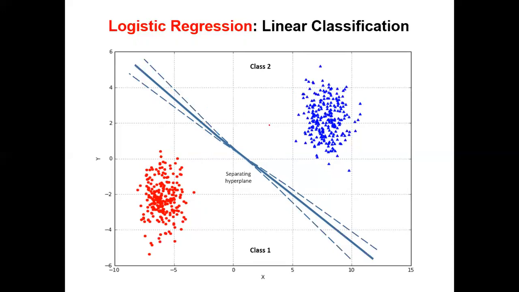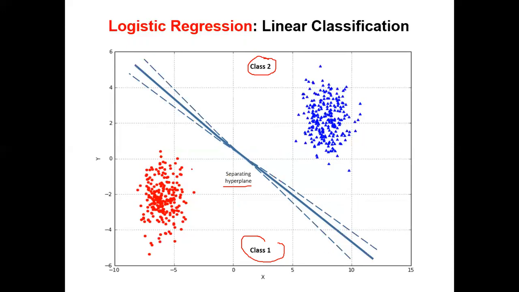For example, in this binary classification problem there are two classes, class 1 and class 2. The objective of logistic regression is to find the best hyperplane. This straight line is also called the hyperplane, and we want it to give minimum misclassified data points.